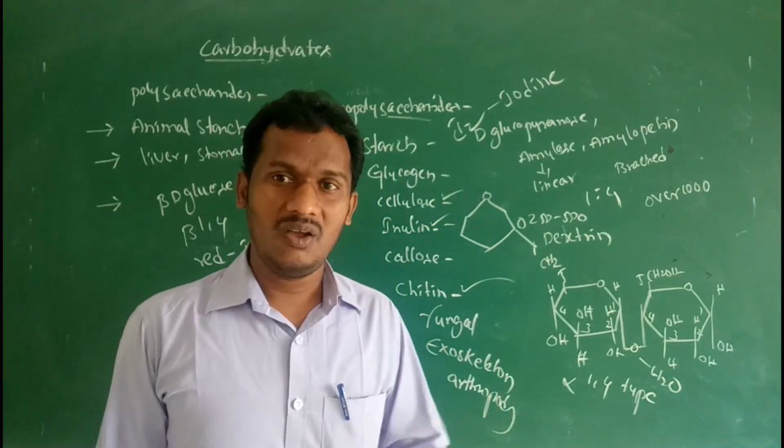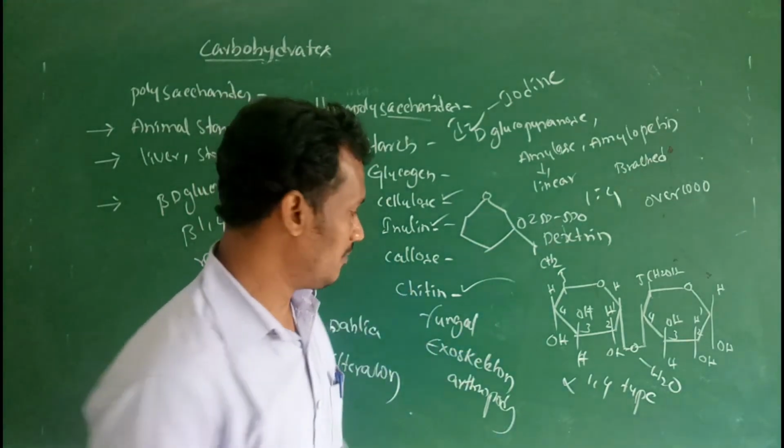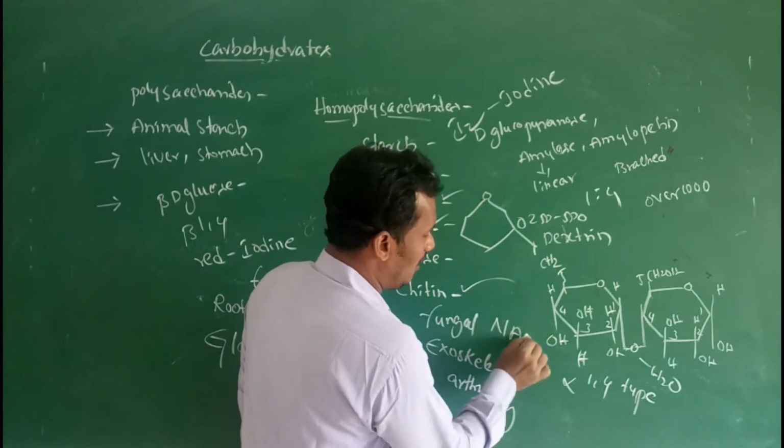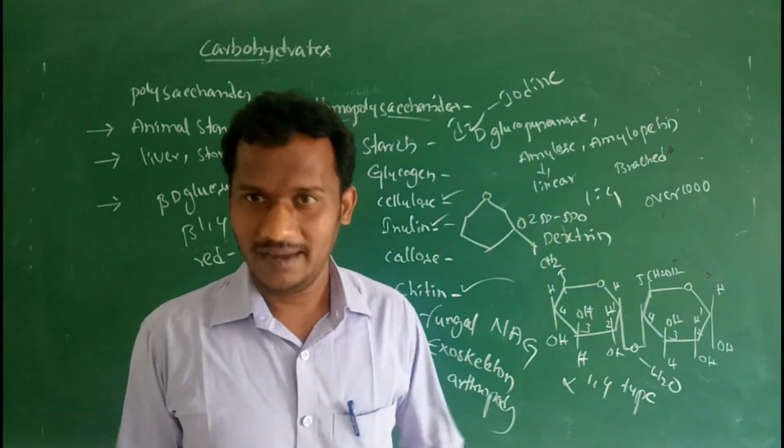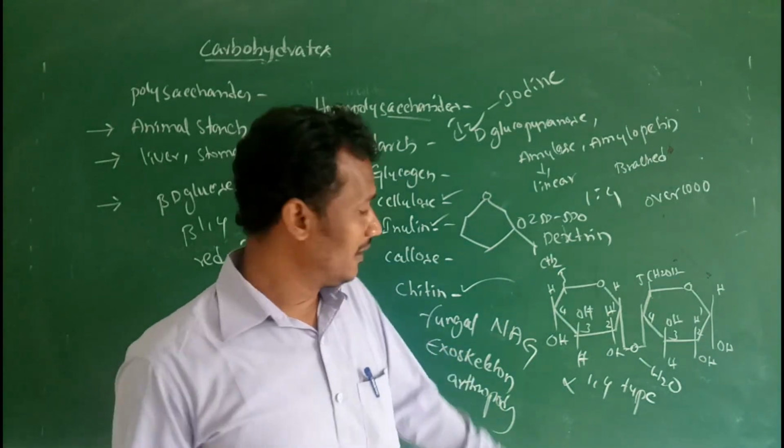In chitin only one type of unit is present, NAG, N-acetyl glucosamine.